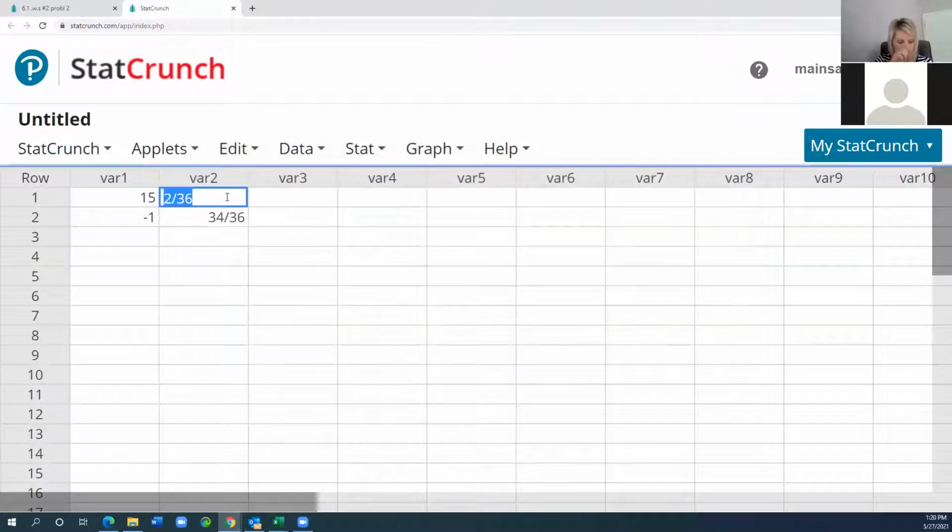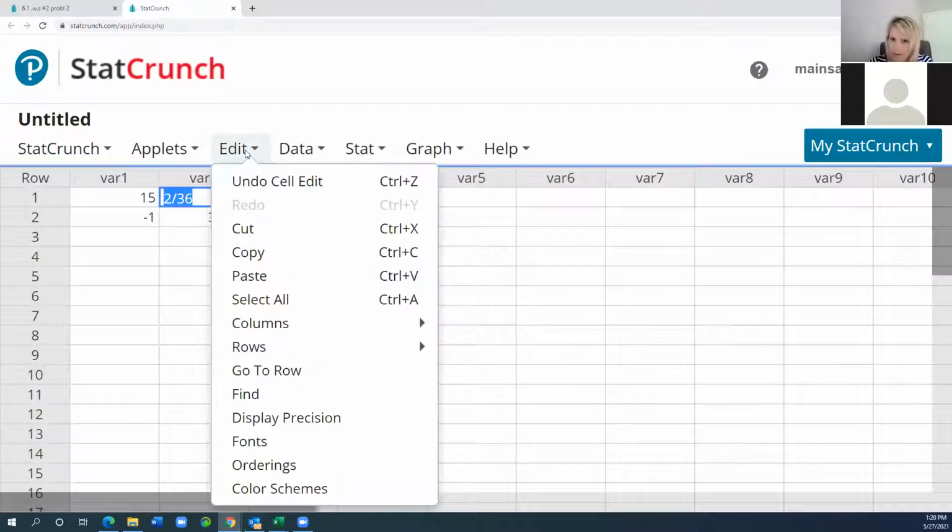So we get to put this as a decimal, and 2 divided by 36 comes out to be 0.055 repeating. And so that means 34 out of 36 comes out to be 0.94 repeating. So we're just going to round this out to 0.056 and 0.94. So it adds to 1.